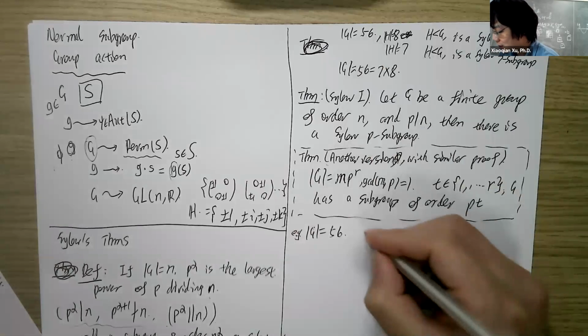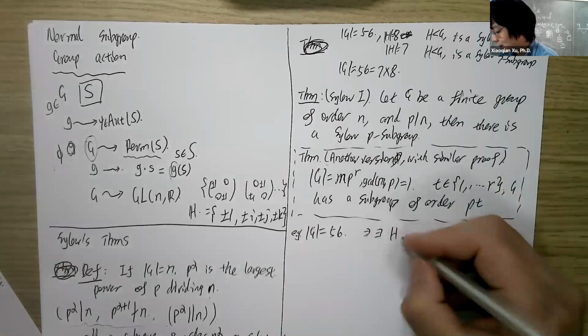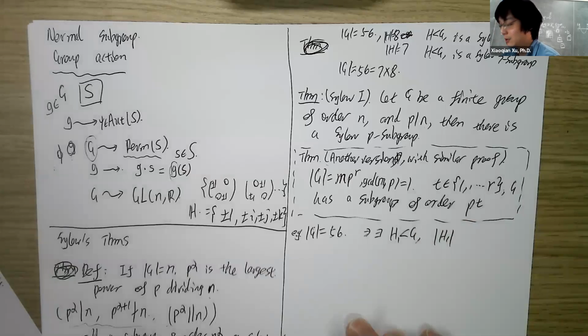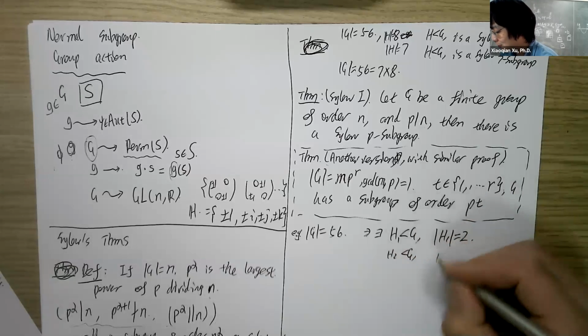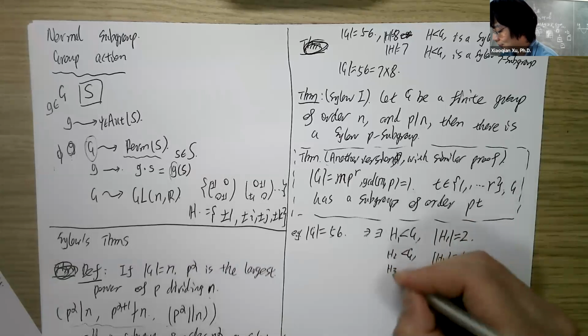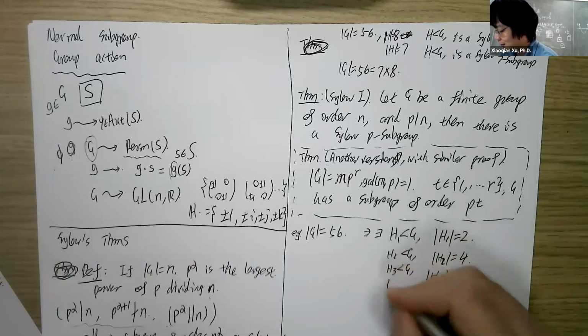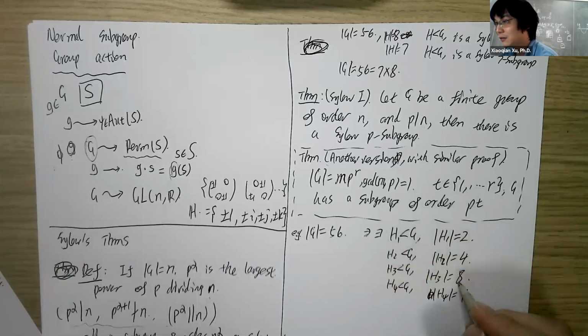Then we know that there exists a subgroup of order 2, a subgroup of order 4, a subgroup of order 8, and a subgroup of order 7. This is a Sylow 2 subgroup, and this is a Sylow 7 subgroup.